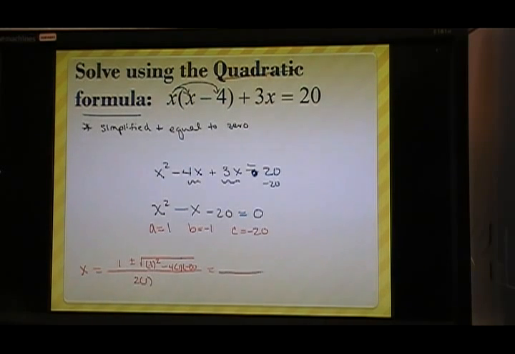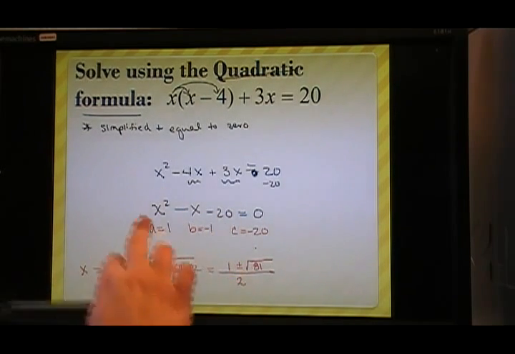So we have 1 plus or minus the square root of, negative 1 times negative 1 is 1, 4 times 1 is 4, 4 times negative 20 is negative 80, so we have 1 minus a negative 80, or 1 plus 80, which is 81, all over 2.